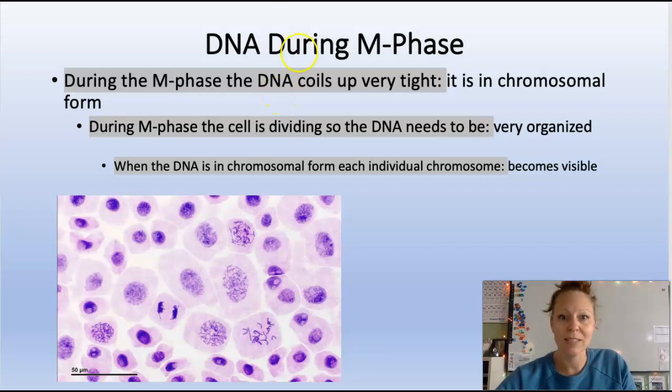So during M phase, the DNA is going to coil up very tight. It is going to be in a different form called chromosomal form. And you can see right here that this is chromosomal form. You can actually see the individual chromosomes.